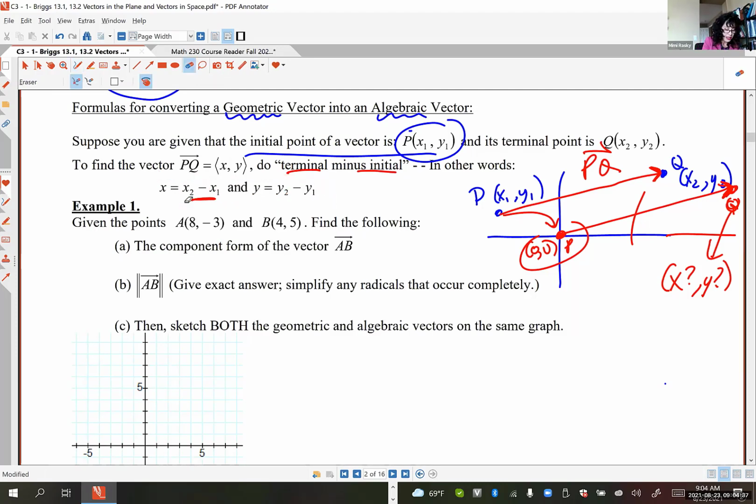Now the vector PQ, if you're going to denote it in component form, you use these angular brackets, and the x and y, which you just found with these formulas, which are the same new coordinates of Q, are the scalar components of PQ. Okay, so we're going to do a full-blown example right now with all the new notation and these new formulas we just learned. And hopefully after I get done with this example, some of the fog will lift for you.